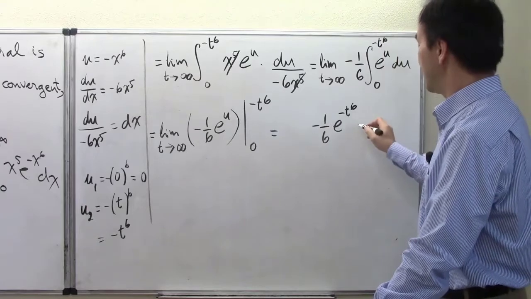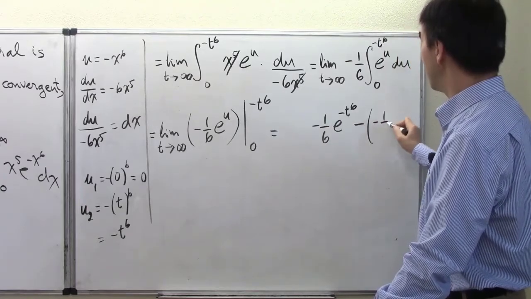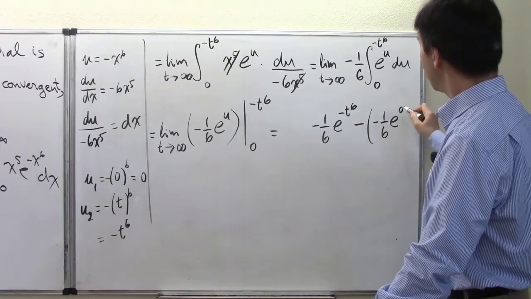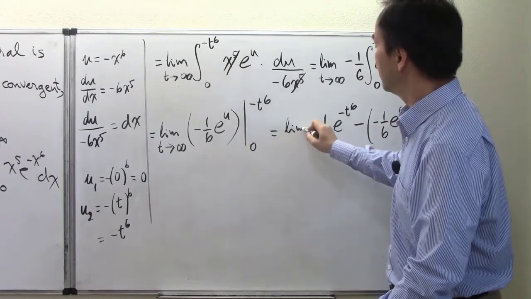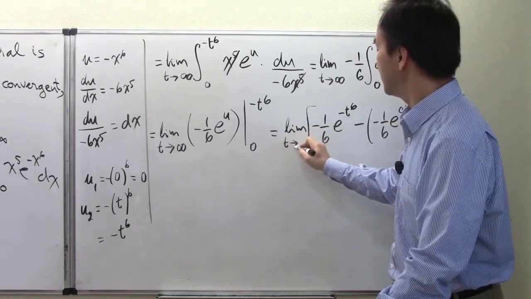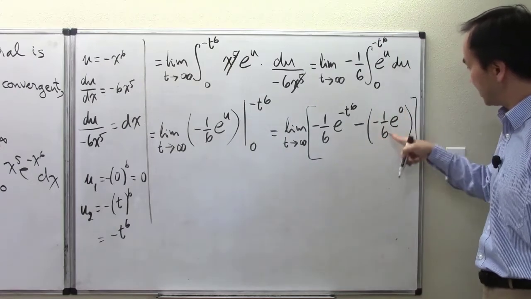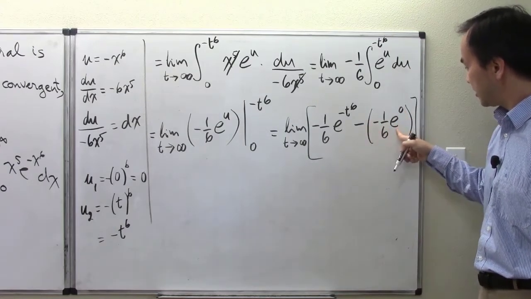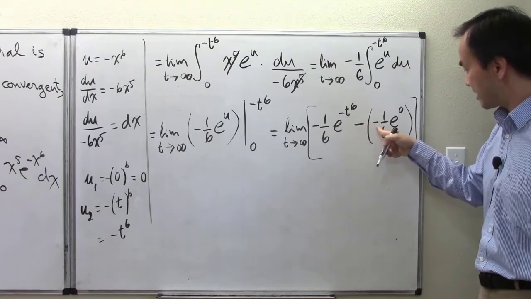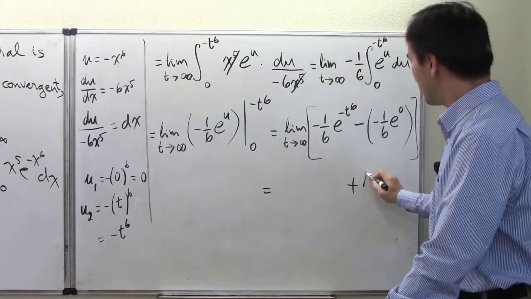Then I'm going to subtract negative 1/6 e to the 0, and then I'm taking this limit as I let t approach positive infinity. This term here, e to the 0 is a 1, with minus a negative 1/6 times 1, so it's a plus 1/6 here.